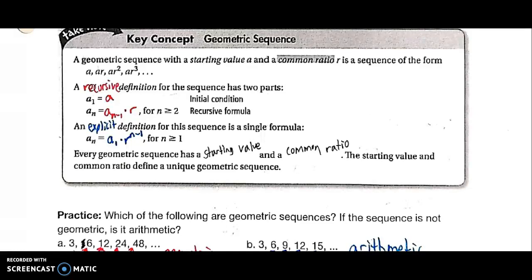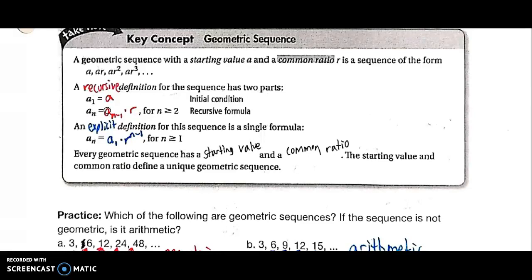So first of all, we can come up with what we call a recursive definition for that sequence. And recursive definitions come in two parts. First, there's a separate equation that just states what's your first number. So if I say a sub 1, that's our first value in that sequence, and that's equal to whatever I see first as my first number. In the second part of our recursive definition, we're going to have a sub n, so that's referring to any nth value that you want to find in your sequence.